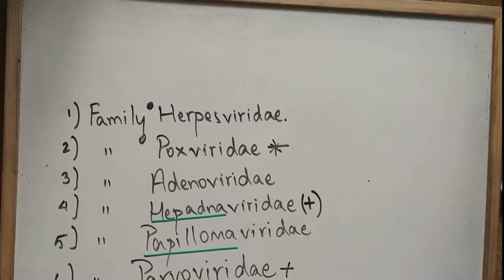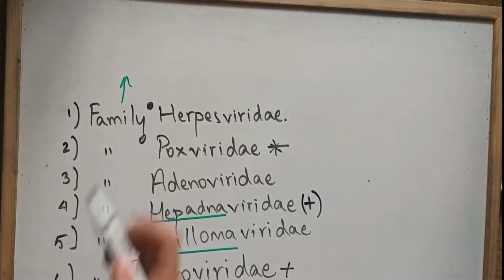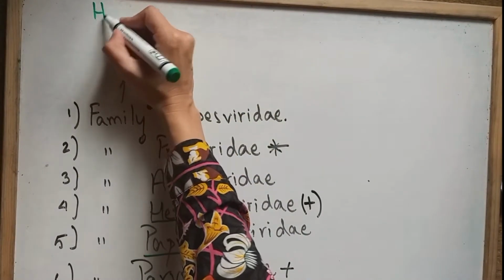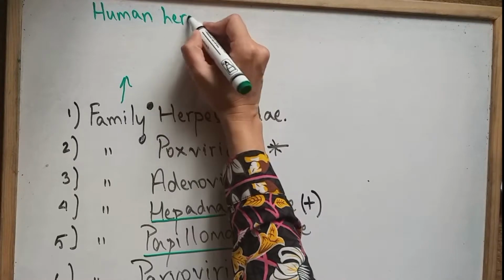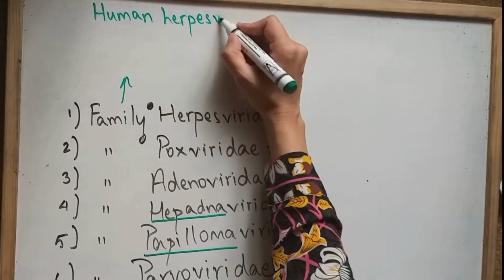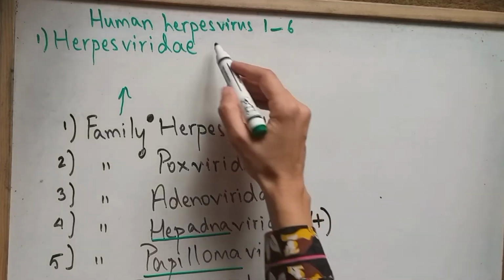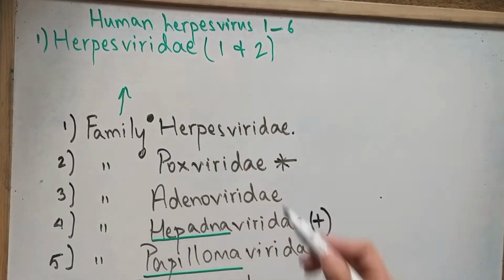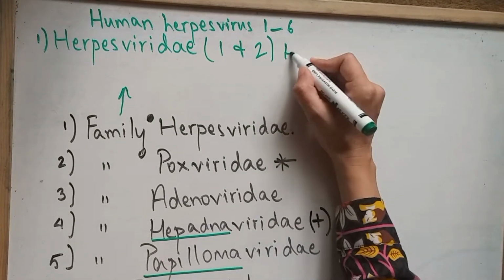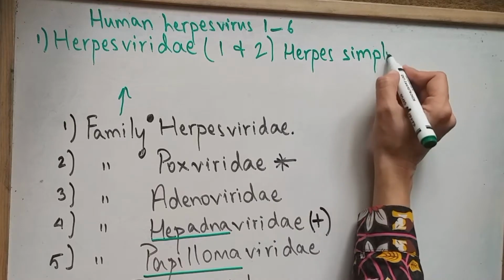Now we will move on to the medically important ones, starting with our first family, Herpesviridae. It's got 6 viruses under it. They're called human herpes viruses 1 to 6. The first and second one are called herpes simplex viruses, 1 and 2.